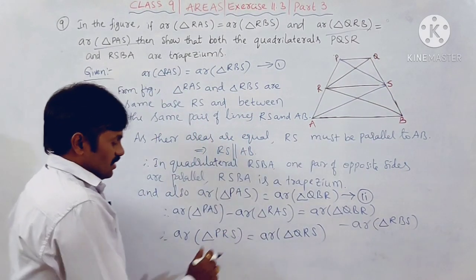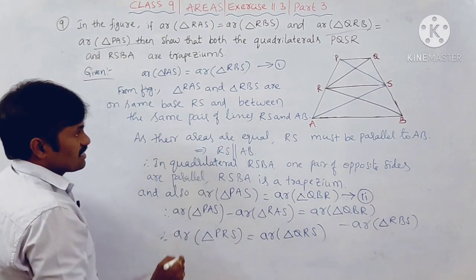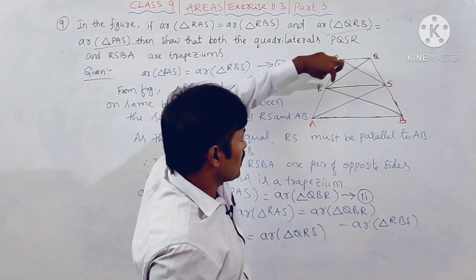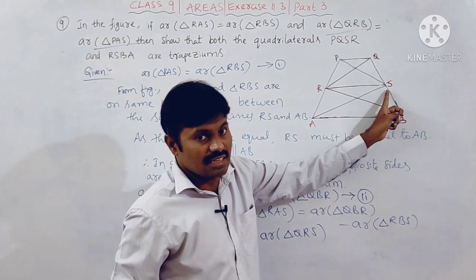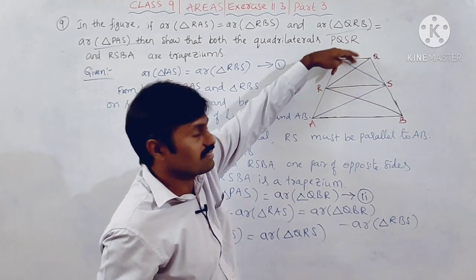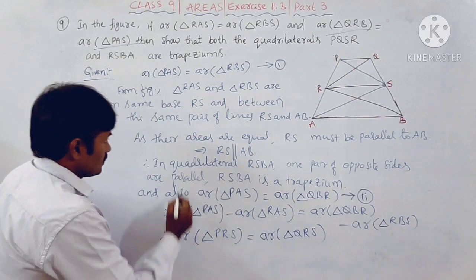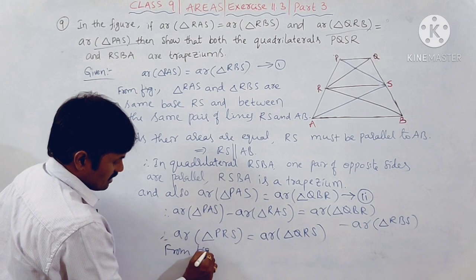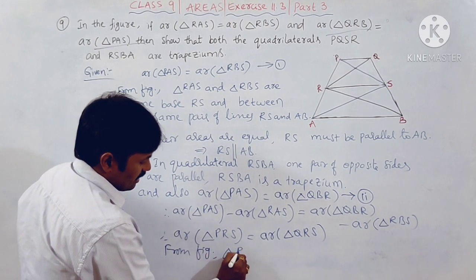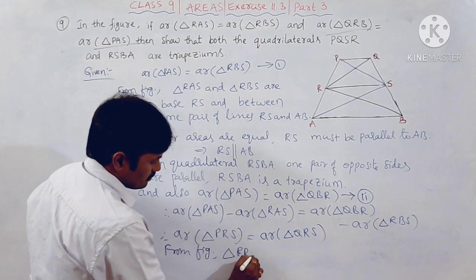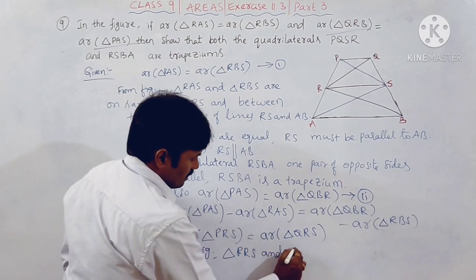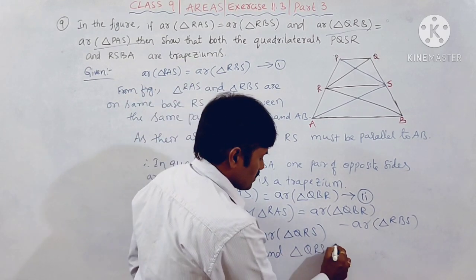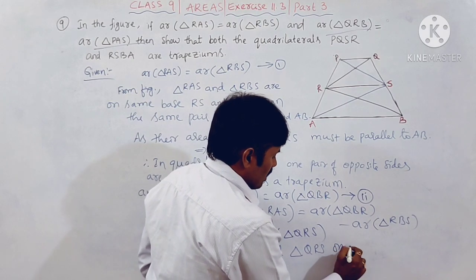That means these two triangles, if you observe clearly, PRS and QRS, are on the same base RS and between two lines. So from the figure we can say that triangle PRS and triangle QRS are on the same base.